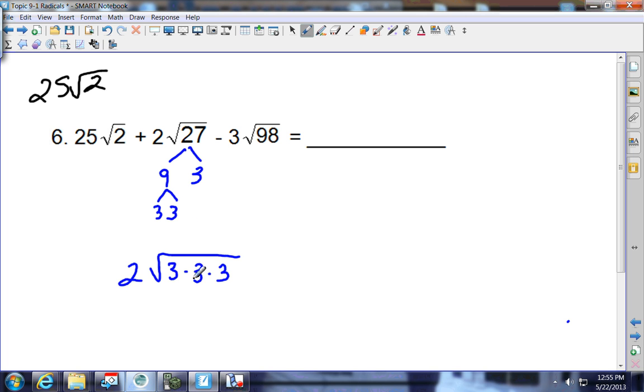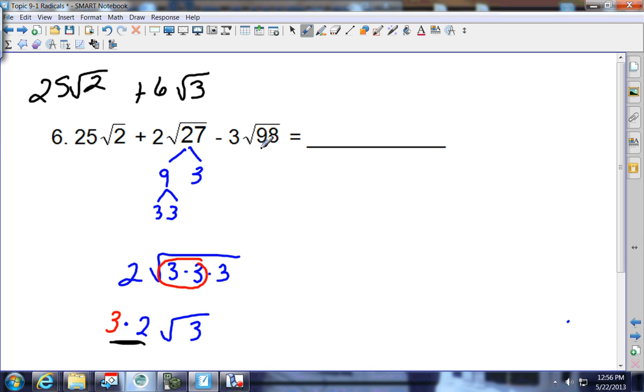Now, how do you get to come out of the house? You have to have a buddy, okay? So these come out right here. So I have 3, and then I write what's left, times 2, square root of 3. 3 times 2 is 6, plus 6, square root of 3.